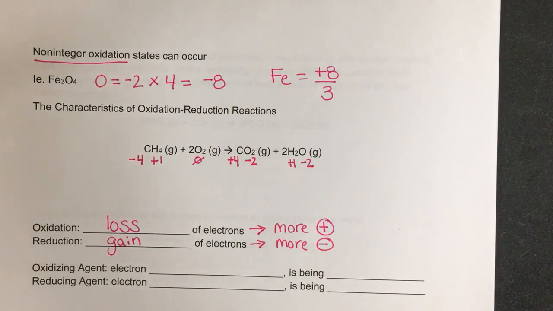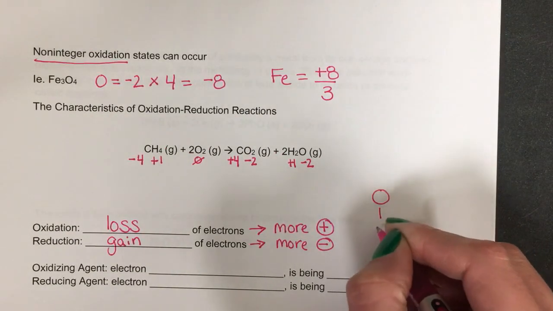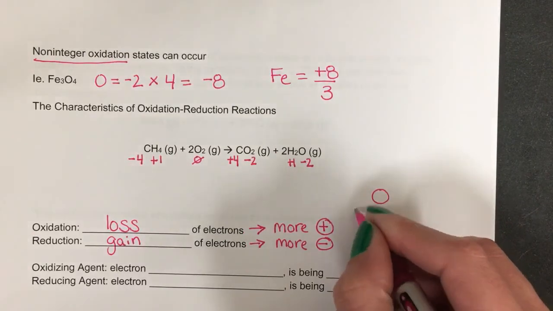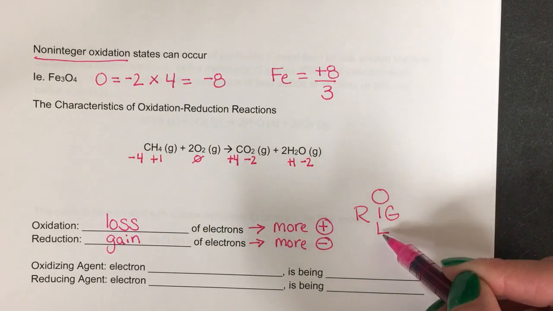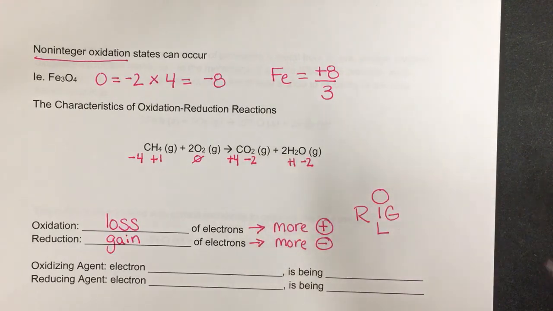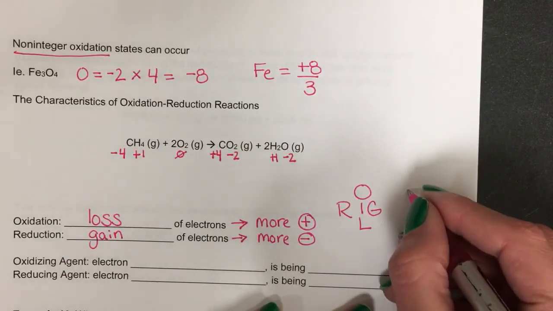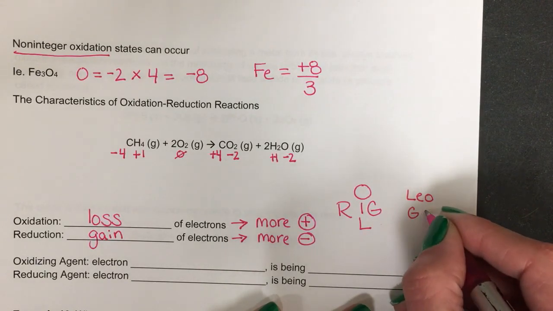Okay? So, an easy way to remember this, there are two different mnemonic devices. I like OIL RIG. Oxidation is loss of electrons. Reduction is gain. The other way we can do this is LEO the lion goes GER.